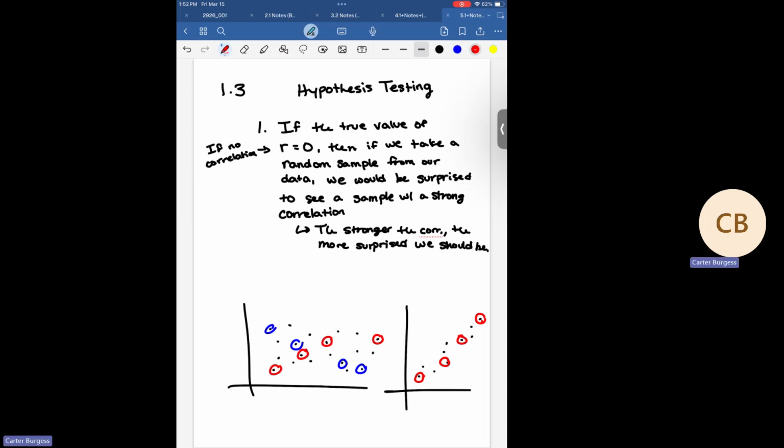And so going from a population with no correlation to a sample that has a strong correlation is a lot harder than going from a population with a correlation to a sample with a correlation. It's significantly harder to do it. It's a lot more rare. And so if we were to see something like this, this should make us skeptical.